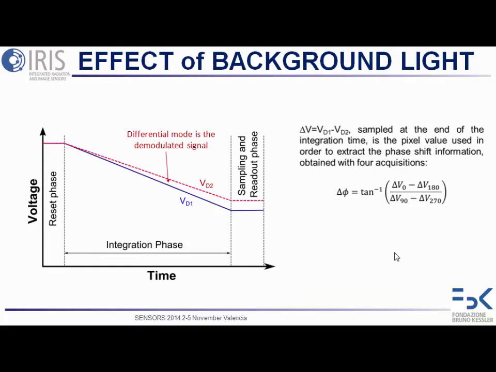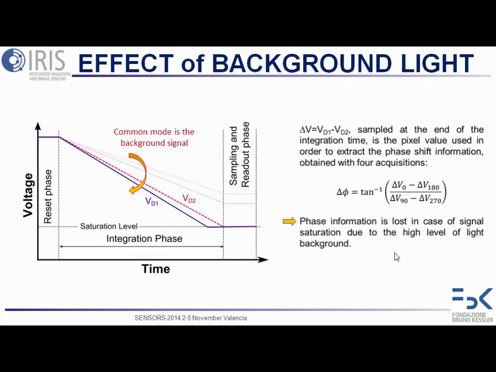So the effect of the demodulation of the light is that we can detect two types of contributions. The first one is the differential mode signal, which comes from the demodulated signal, and which can be observed by the different slope of the floating diffusion, and which is the useful signal we want to detect at the end of the integration time.